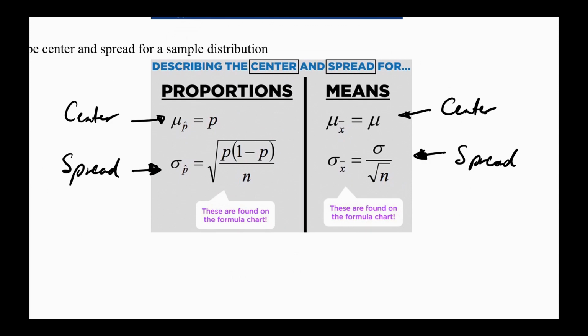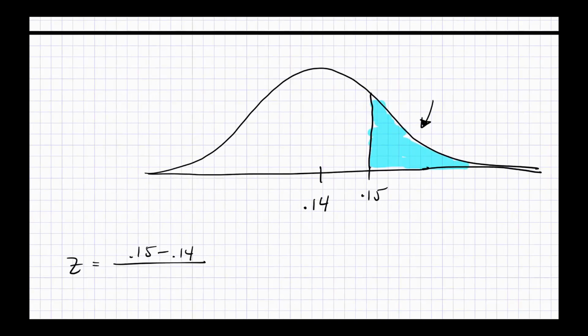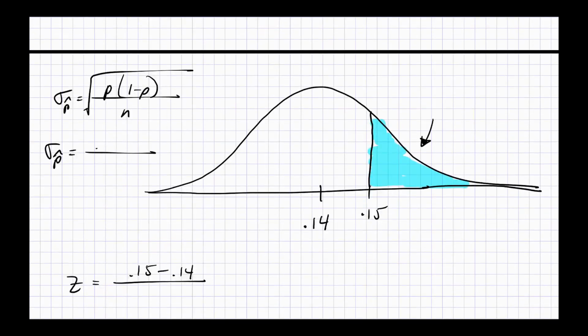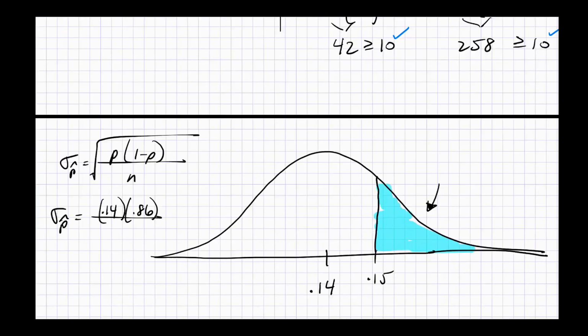So let's go back to our question. First we've got to calculate that guy. That is the square root of p times 1 minus p over n. So p is 0.14 times 0.86 over n, which is 300 in this case.